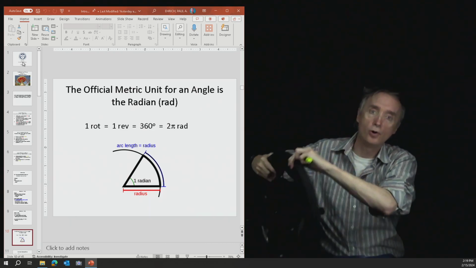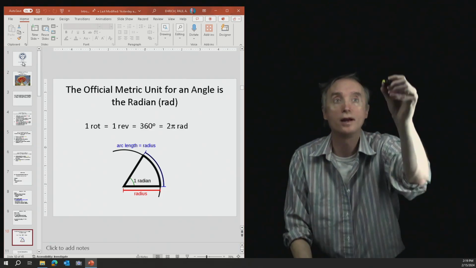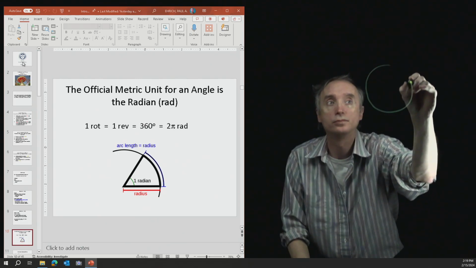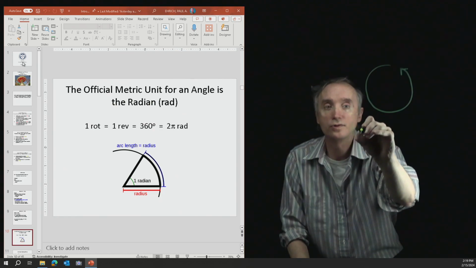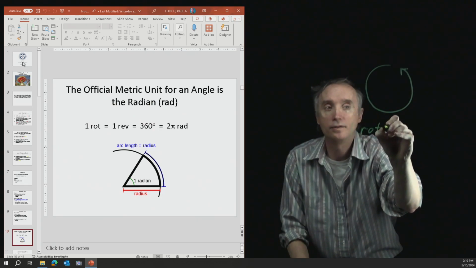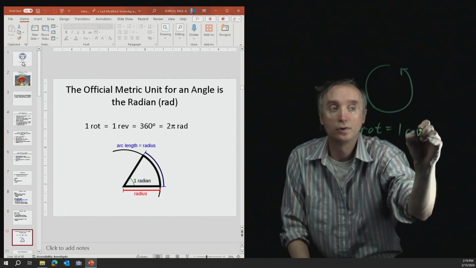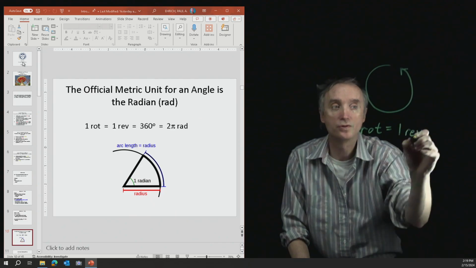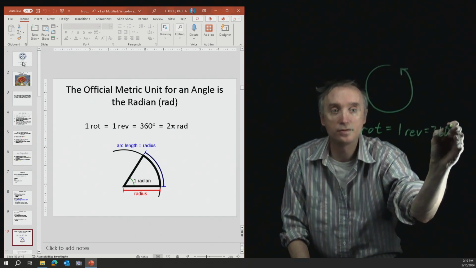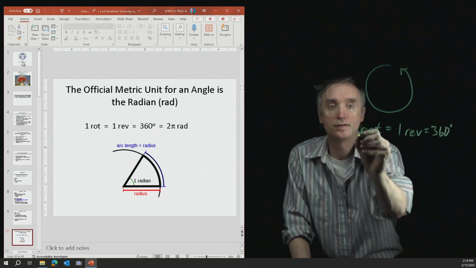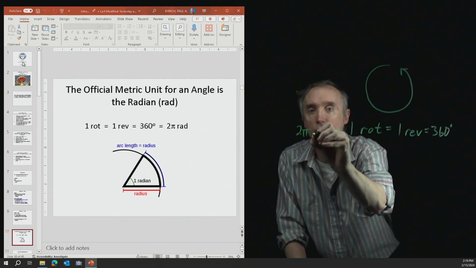Now, I hope that you're all familiar with the concept that if you go around in a circle, then that's going to be equal to 1 rotation, but that's also equal to 1 revolution, but that's also going to be equal to 360 degrees, but that is going to be equal to 2 pi radians.